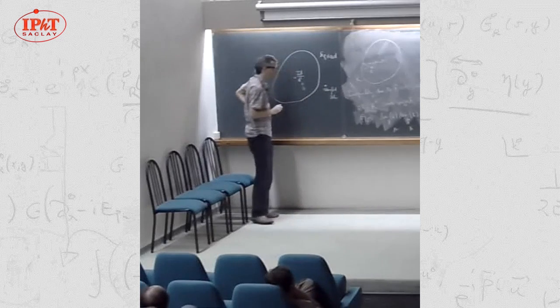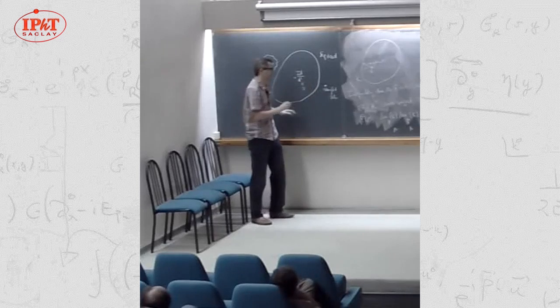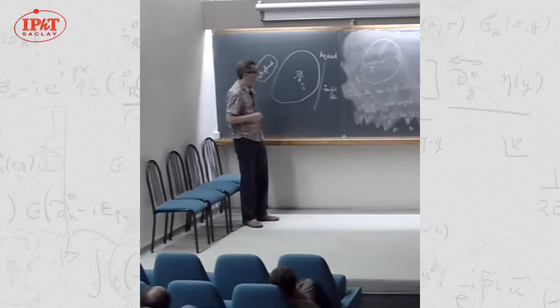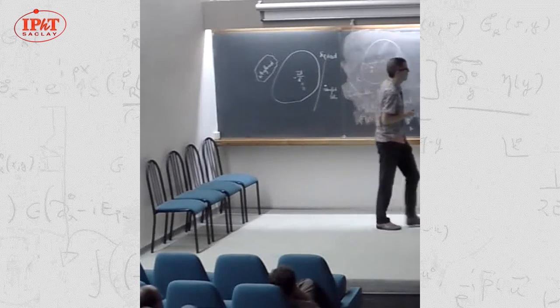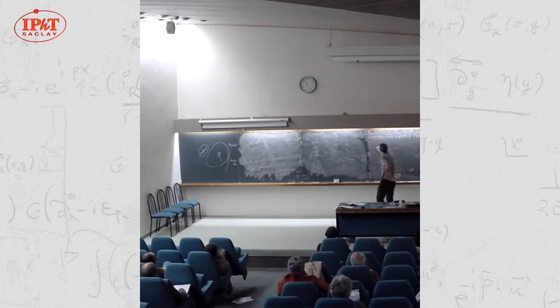Now, you know from the Hahn-Banach theorem that if you are not inside a convex set, there is some hyperplane which separates from it. Based on this idea, people have come up with a nice criterion to characterize entanglement. So this is the Horodecki criterion.